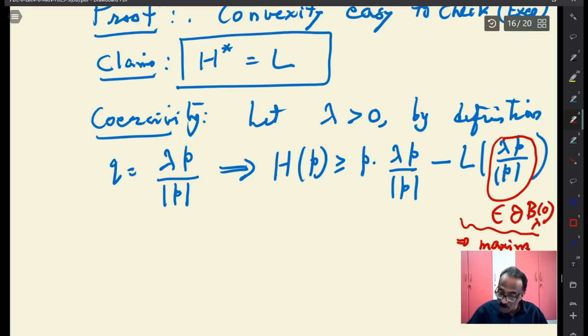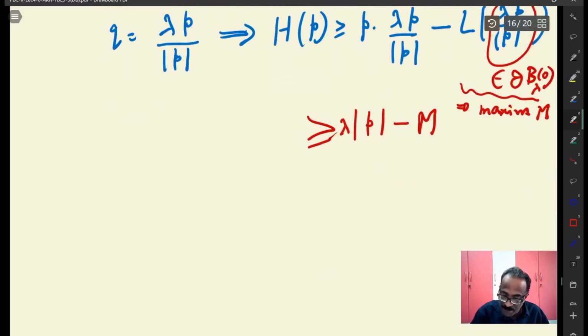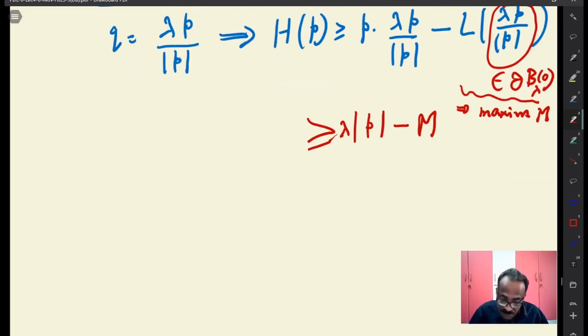Because L varies over the boundary of a fixed ball, this has a maximum. Since this is a minus sign, I will have mod P times lambda P, which is lambda into mod P squared, minus some fixed constant m.